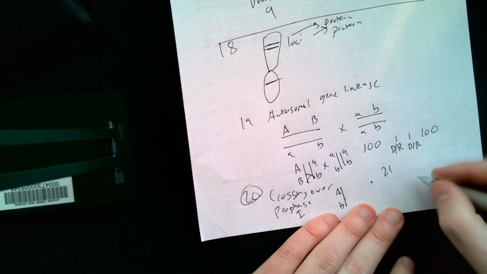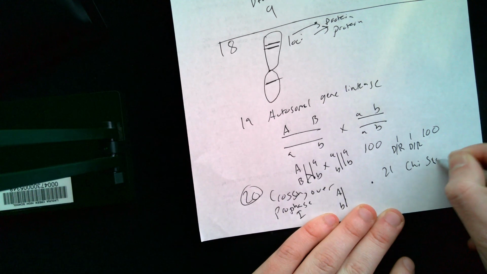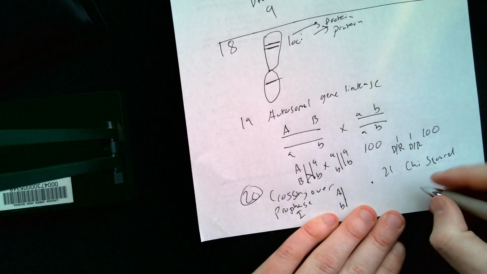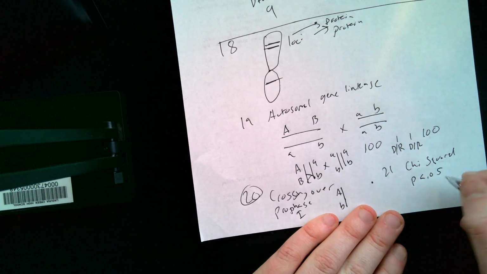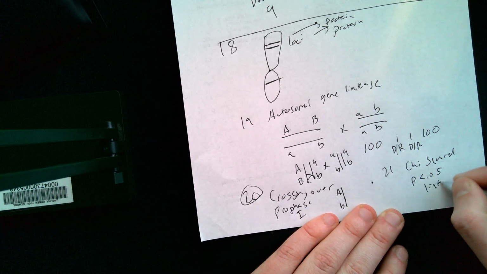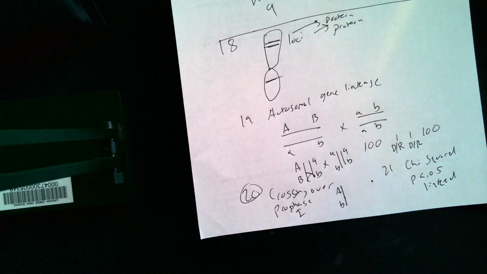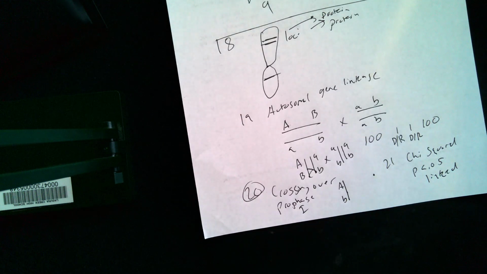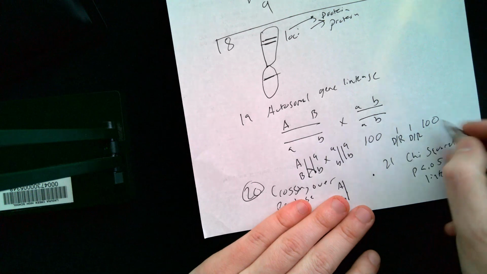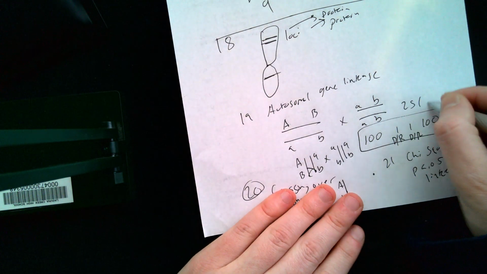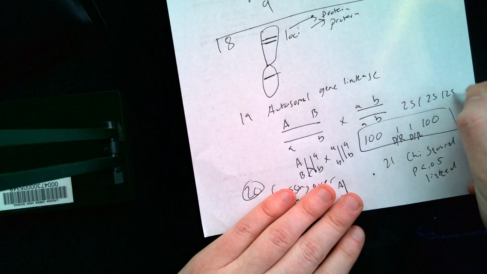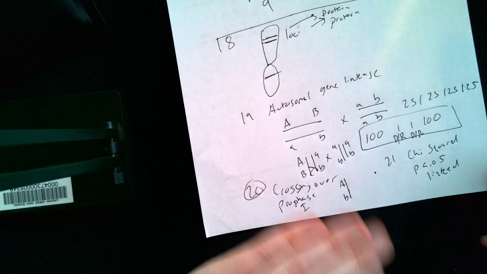Okay. The last thing you can do is chi-squared to test whether they're linked or not. And so if p is less than 0.05, it means they're linked because they should have assorted randomly. Anything greater than that means it was random. But if it's less than that, it means it was not random, therefore they're linked. And so what you'd be looking for is a pattern like this instead of something like 25, 25, 25, 25, which would be what you would expect.